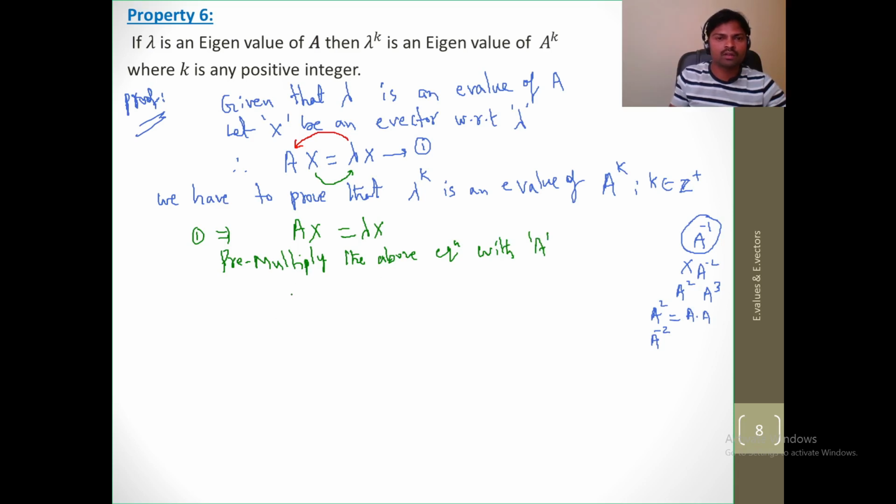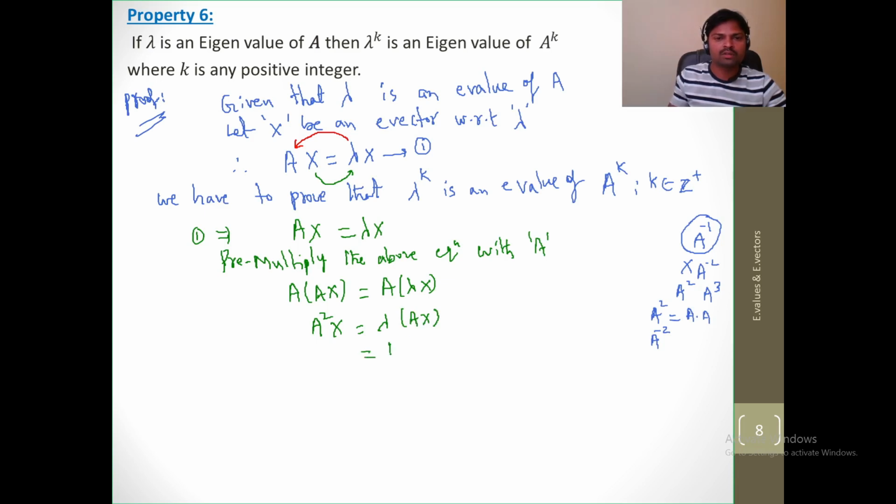Then what will we get? A into Ax is equal to A into lambda x. That is, A square into x is equal to, dragging lambda out, lambda times Ax.